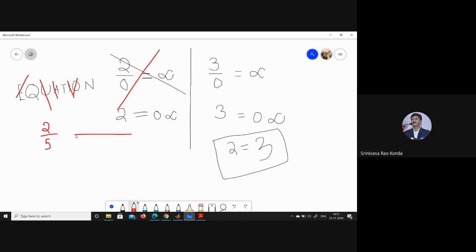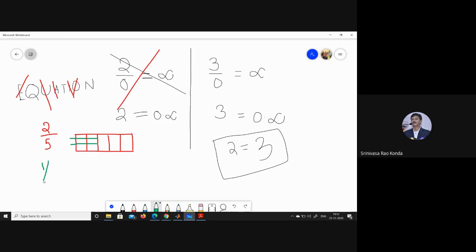The meaning of 2 by 5 is you take one finite quantity, divide it into 5 equal parts and take 2 parts. You take one quantity, divide into 5 equal parts and take 2 parts. That is the meaning of 2 by 5.